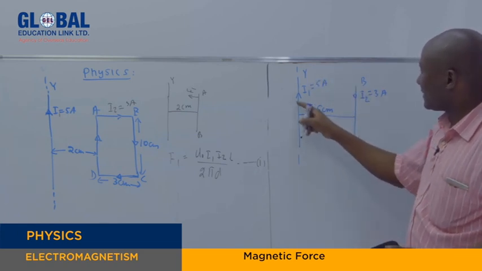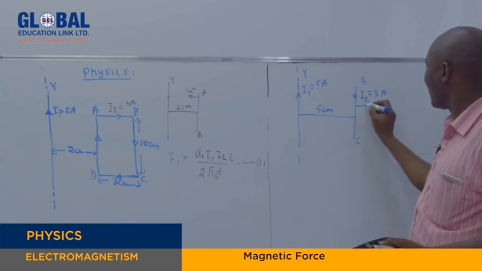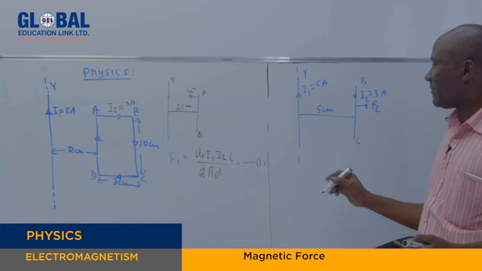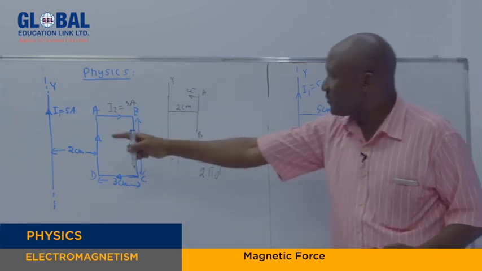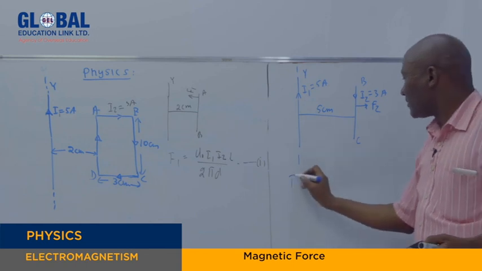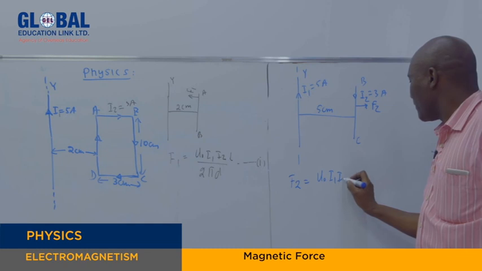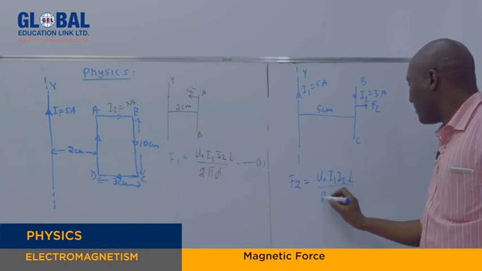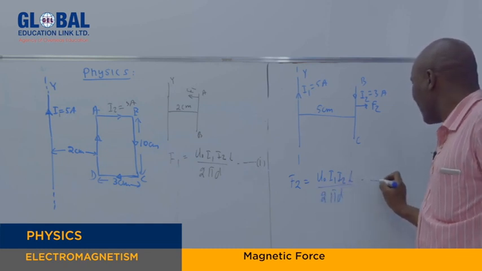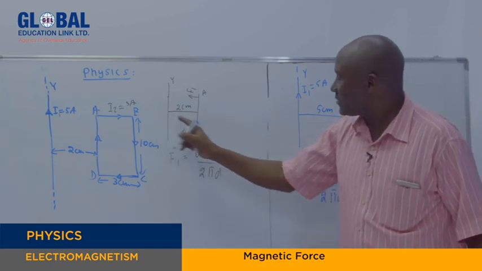Now, because we have seen these 2 currents are moving opposite, there will be a repulsive force, that is F2. F2 is moving to the right, F1 is moving to the left. And we find the magnitude of that force equals mu I1 I2 over 2 pi d. What changes here is the distance between the two. This is 5 and this is 2.